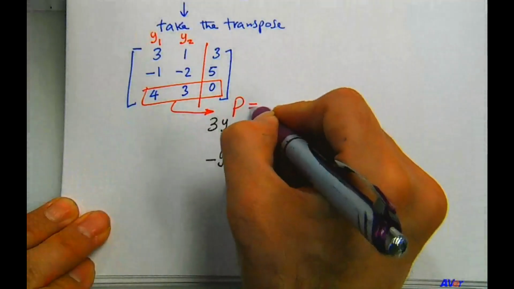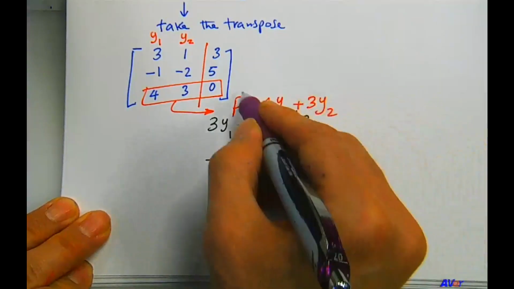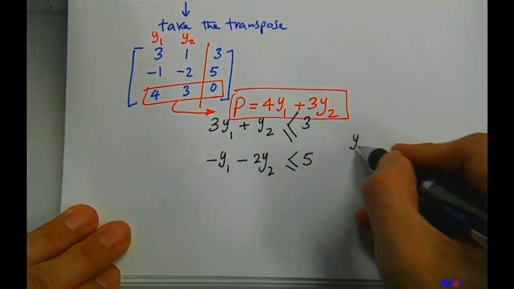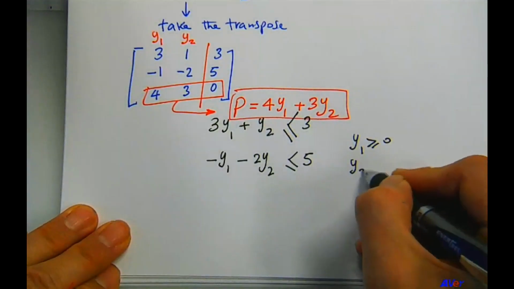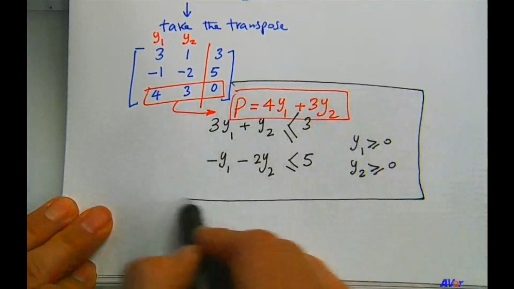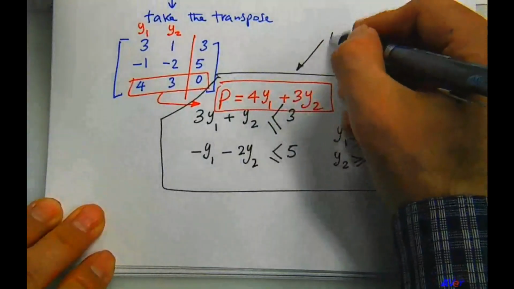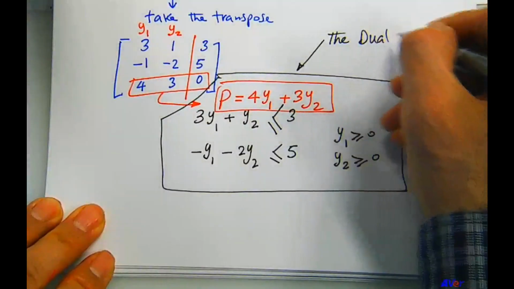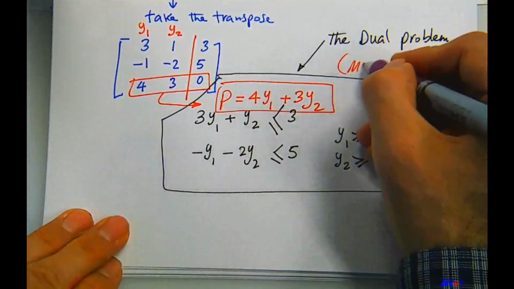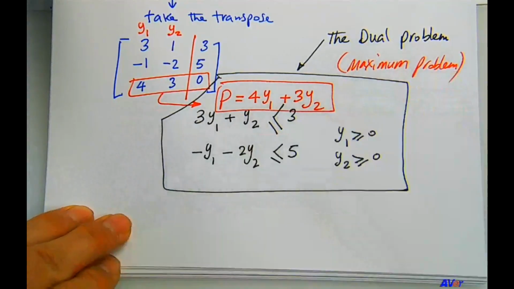So P equals 4y1 plus 3y2. That's our objective function. And of course, we have y1 greater than or equal to 0, y2 greater than or equal to 0. So this is the dual problem, which is a maximum problem.